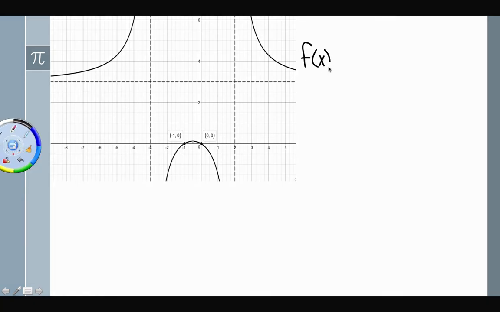We get f of x is equal to a rational function. Notice we have 2 vertical asymptotes, and we have 2 x-intercepts. So that means in the denominator, we're going to have 2 factors, and in the numerator, we're also going to have 2 factors.